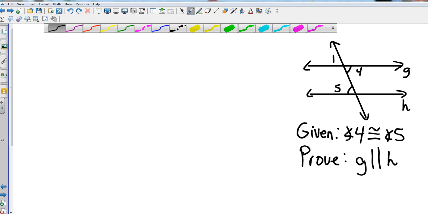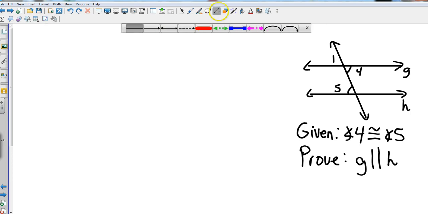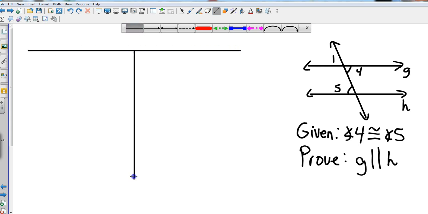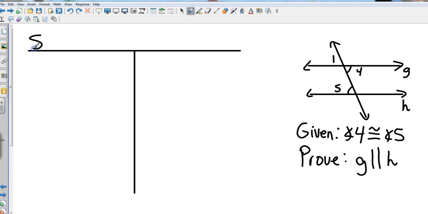All right, so here's our proof. I've written it over to the right because my screen is not as effective over there, so I wanted to put the stuff that we weren't working on. And so we're going to do a 2-column proof, and we're going to be proving that G is parallel to H. And so over here, I'm going to have all of my statements and my reasons.